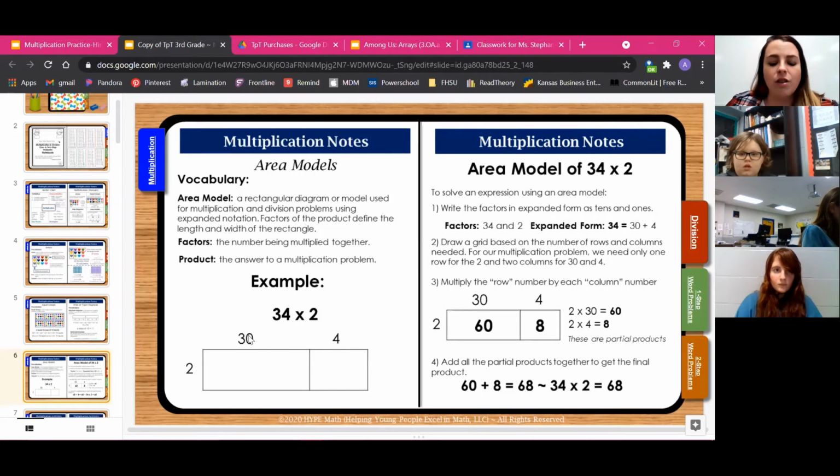So then we're going to do 30 times 2, and then we're going to do 4 times 2. So 30 times 2 gives us 60, and 4 times 2 gives us 8. So we're going to then add those together. 60 plus 8, and we get 68. Okay.